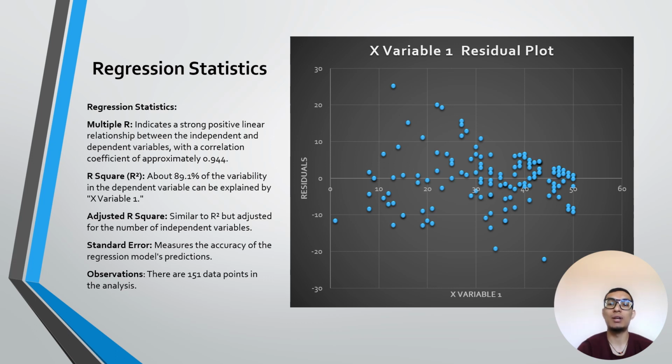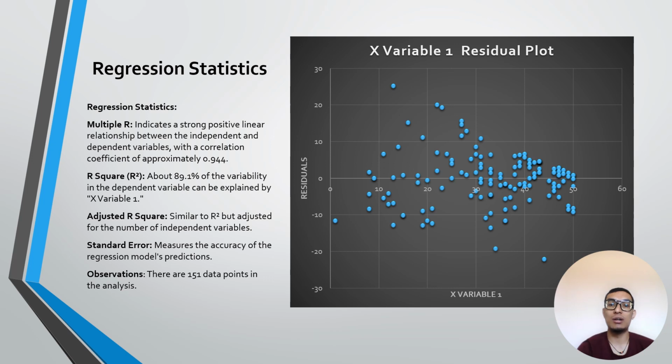Next, we have the R square. With a value of about 89.1%, this tells us that a substantial 89.1% of the variability in our dependent variable can be explained by x variable 1. In other words, our model does a commendable job in capturing and explaining the patterns of the data. Moving on, we have the standard error, which measures the accuracy of the regression model predictions.